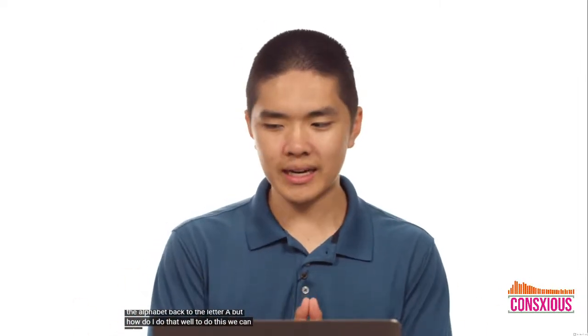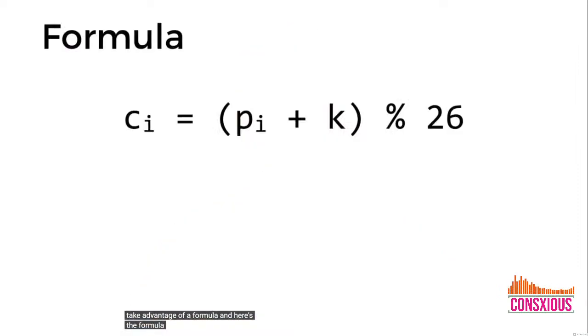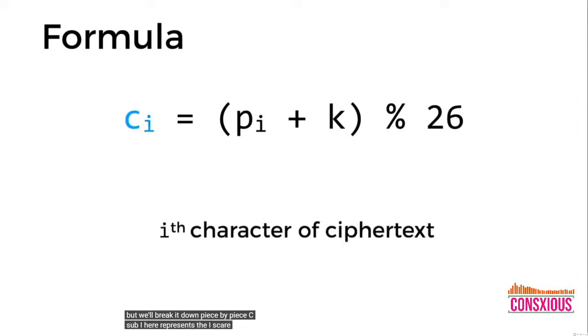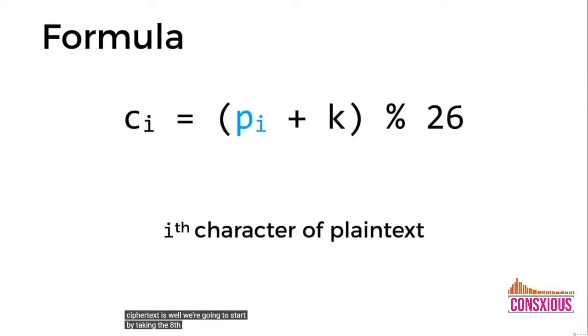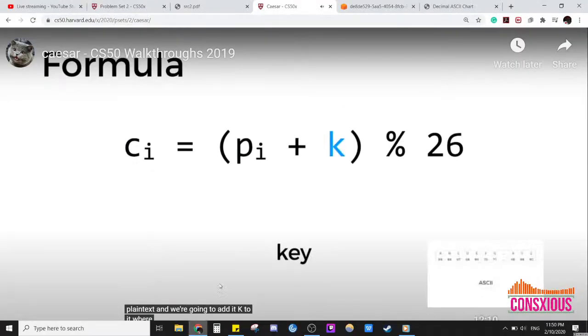Well, to do this, we can take advantage of a formula. And here's the formula that we're going to use to convert the plain text into the ciphertext. It looks a little bit complicated, but we'll break it down piece by piece. C sub i here represents the ith character of the ciphertext. How do we determine what the ith character of the ciphertext is? Well, we're going to start by taking the ith character of the plain text, and we're going to add k to it, where k is the key.